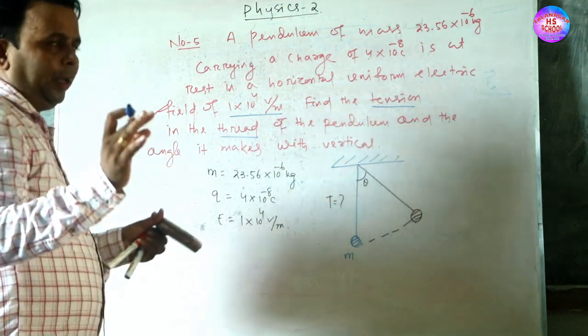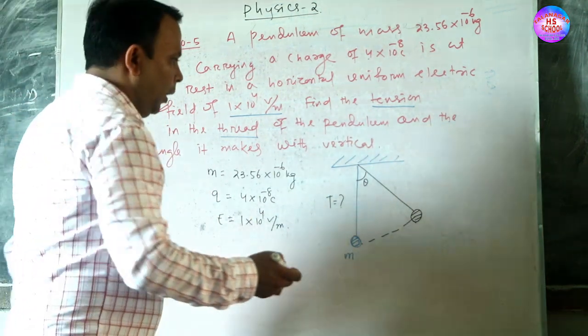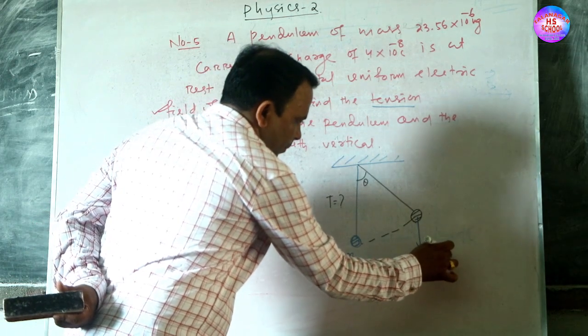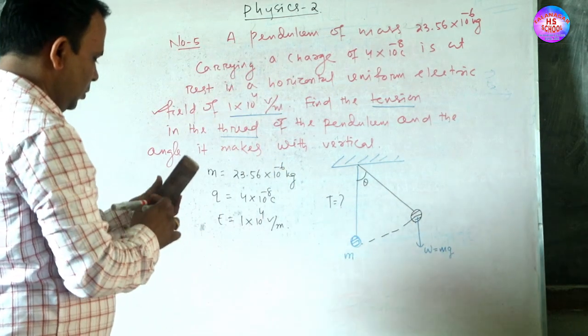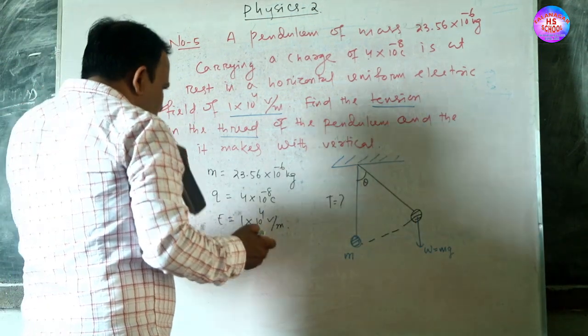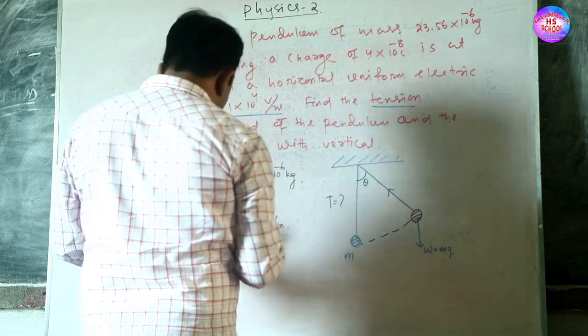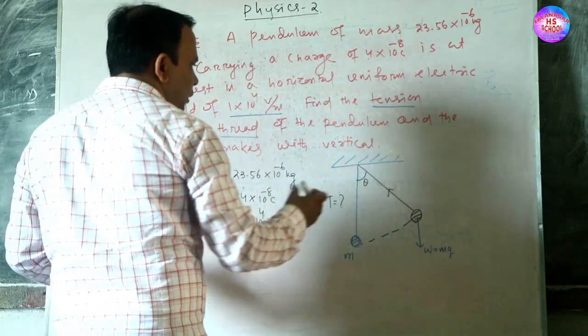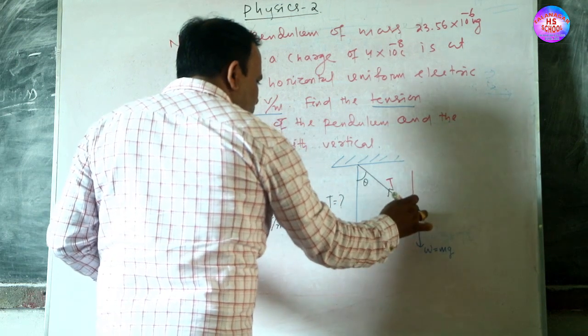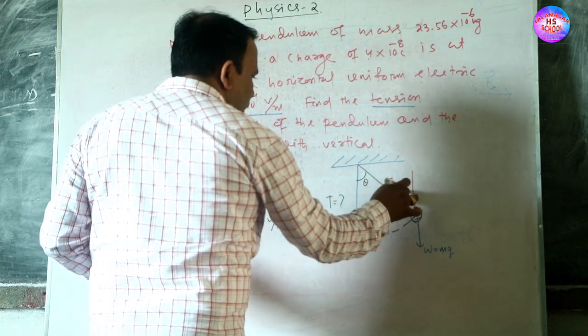The bob has weight. The weight's direction is vertically downward. Now, the tension of a string T, vertically upward. This is the angle theta.